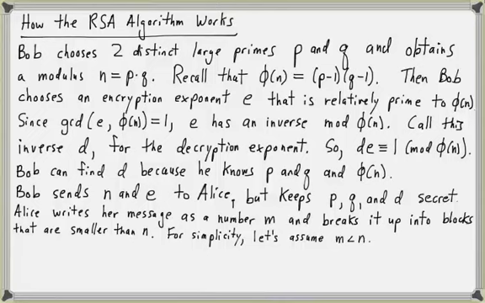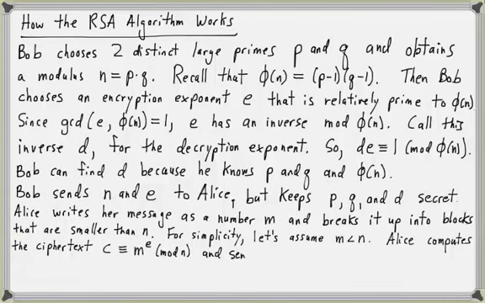The way she does it is she computes M to the power E and reduces it mod N. The ciphertext, we're going to call that C, which is going to be congruent to the original message M raised to the power E and reduced mod N. And then she sends the ciphertext C to Bob.